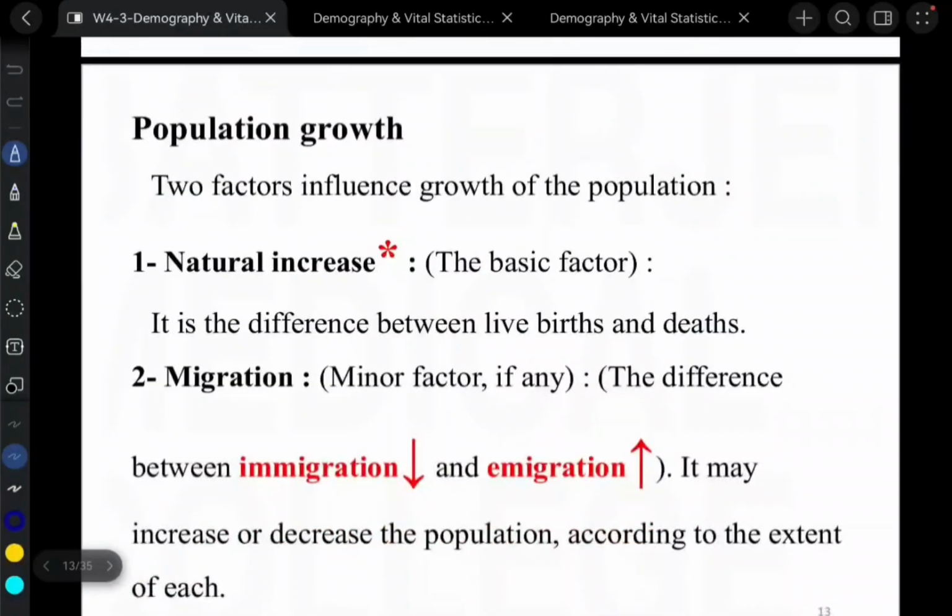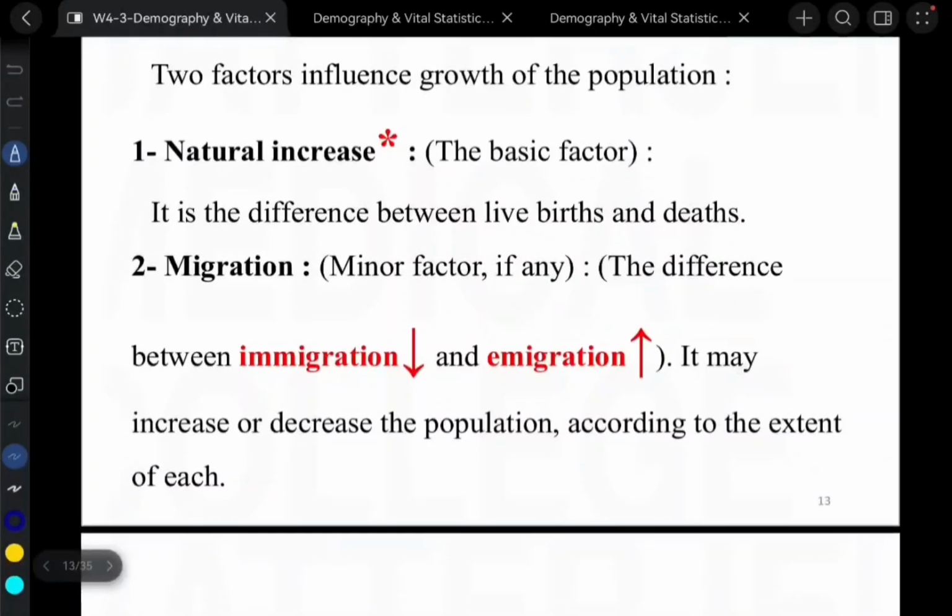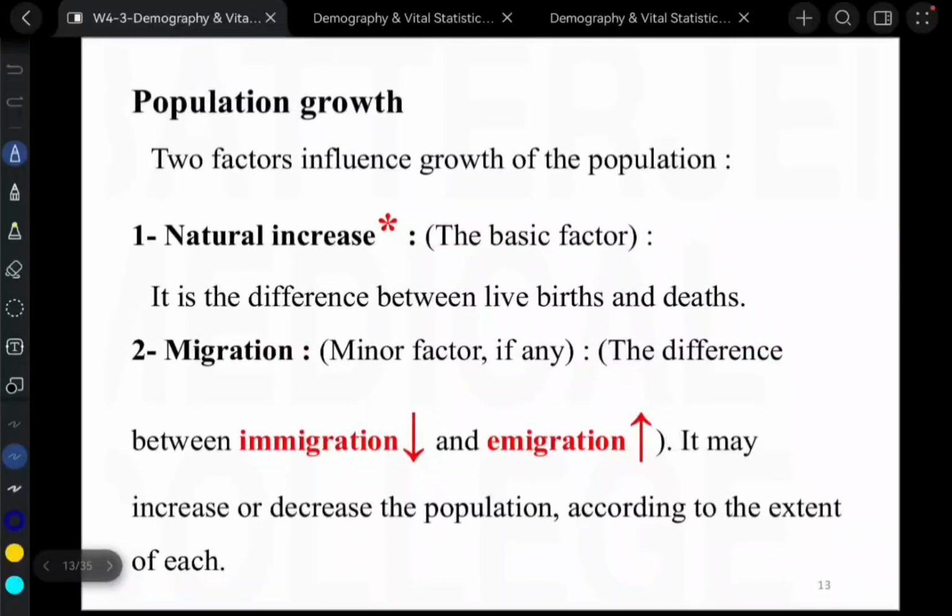Either way, here we have population growth. Two factors influence the growth. The main one, which is the basic factor, is the natural increase. It is the difference between the live births and the deaths. And then we have migration, the minor factor, which is between emigration and immigration.